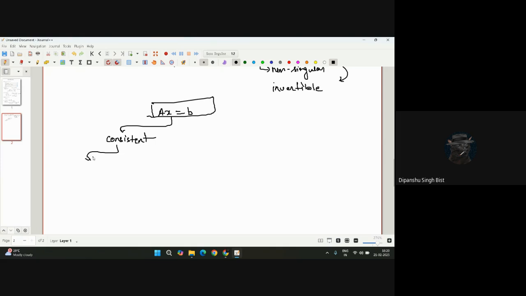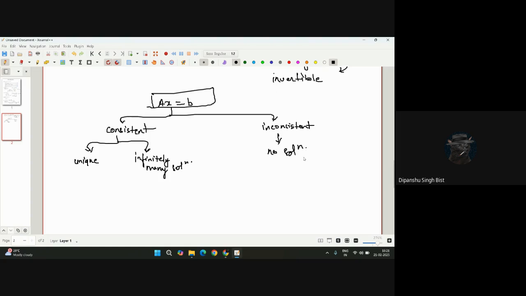So again, you have two possibilities: either there will be a unique solution or there could be infinitely many solutions. Otherwise you can say that your system is inconsistent, so that means your system has no solution. So either there is no solution, or there exists a unique solution, or infinitely many solutions.